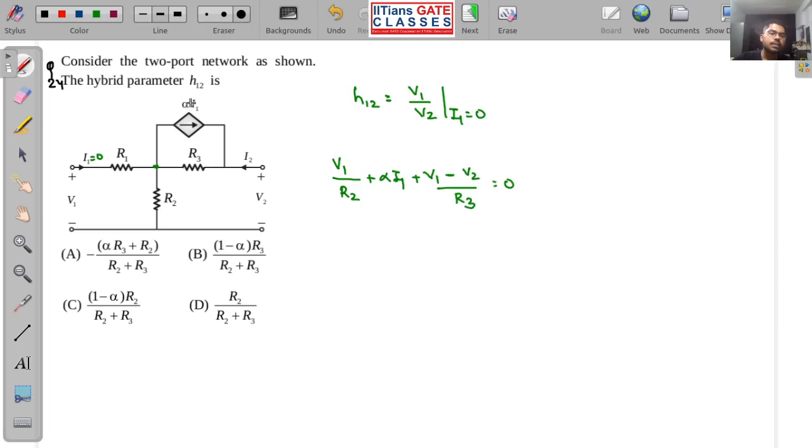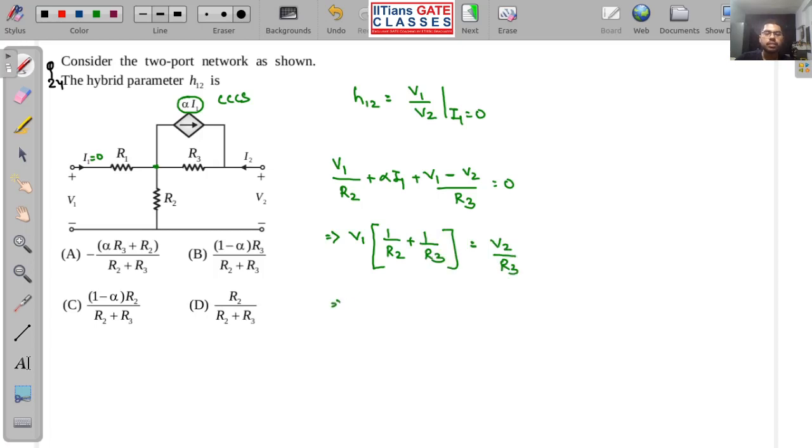Now you can see very clearly as I1 equal to 0, so this is a current controlled current source. So this current source will also be 0 because I1 equal to 0. I will substitute this equal to 0. So V1 common if I take, it will be 1 by R2 plus 1 by R3 is equal to V2 by R3.